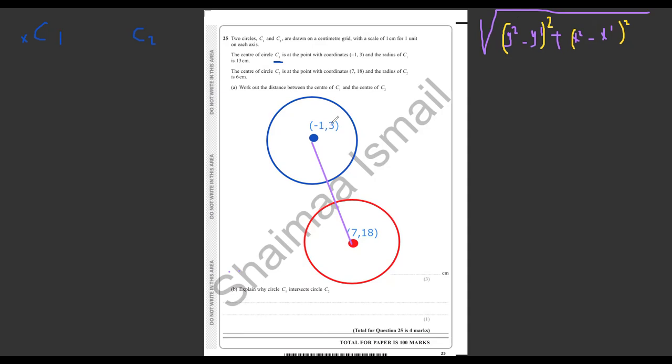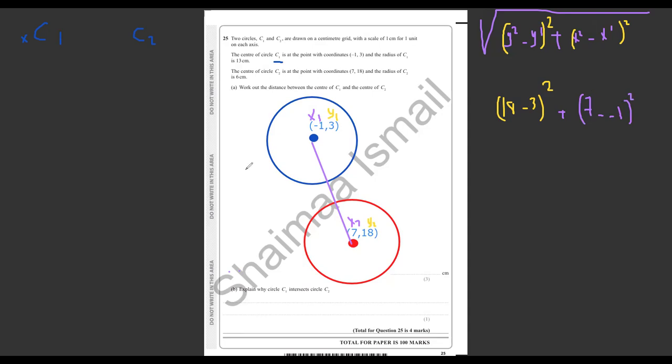So what is y2? This is y1 and this is y2. So we say 18 minus 3, squared. And this is x1 and this is x2, so we make it plus 7 minus -1, all squared.